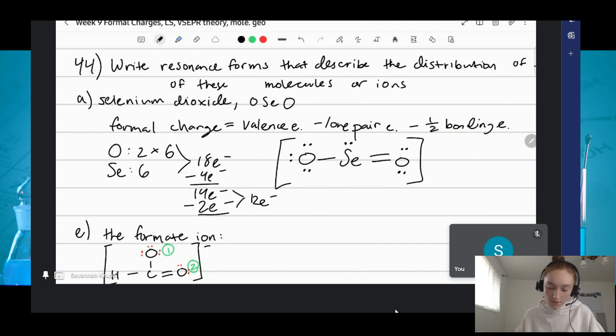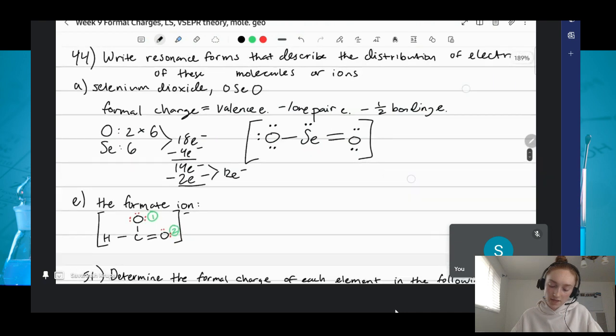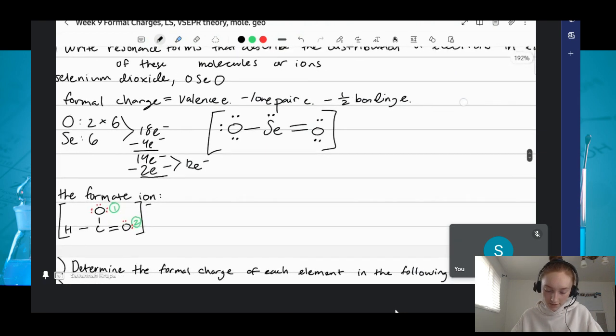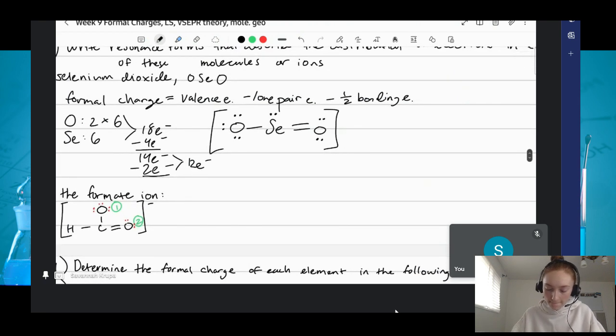Okay. So we have the structure so far. Now we can actually calculate the formal charge, because we need to know how many lone pairs and how many bonding electrons there are. So you always need to write down the Lewis structure beforehand. Yeah, so that is what the Lewis structure looks like. And so let's call this first oxygen, oxygen 1, and this one oxygen 2.